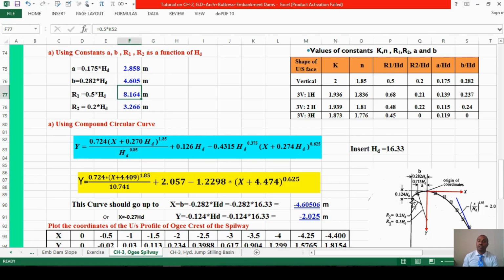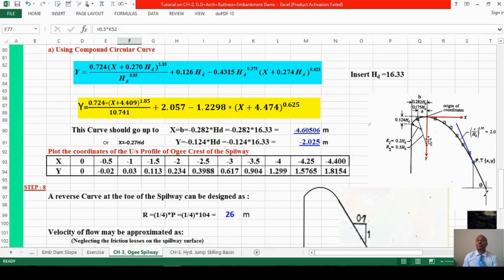So this is the total profile, upstream and then downstream. Once you complete this profile, you can start construction. You simply fix the curved formwork and other components, then you can fill concrete. So this is just the procedure.